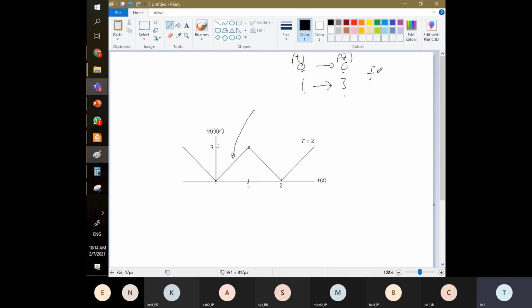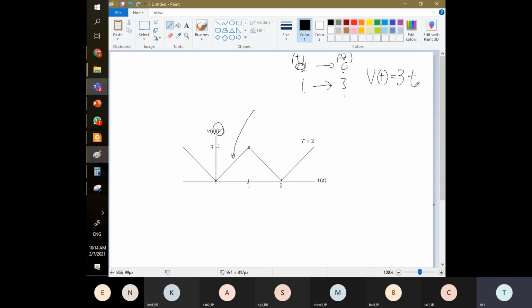So the function of v, or we can say the voltage v as a function of time, is equal to 3t, 3 times the time.